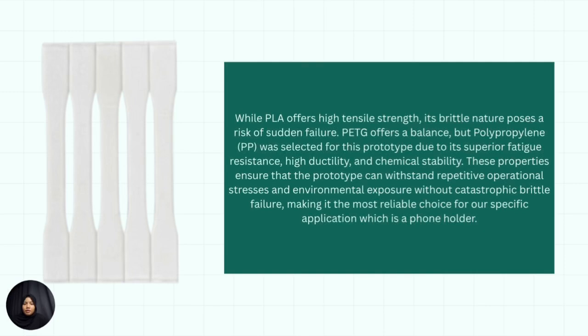These properties ensure that the prototype can withstand repetitive operational stresses and environmental exposure without catastrophic brittle failure, making it the most reliable choice for our specific application, which is a phone holder.